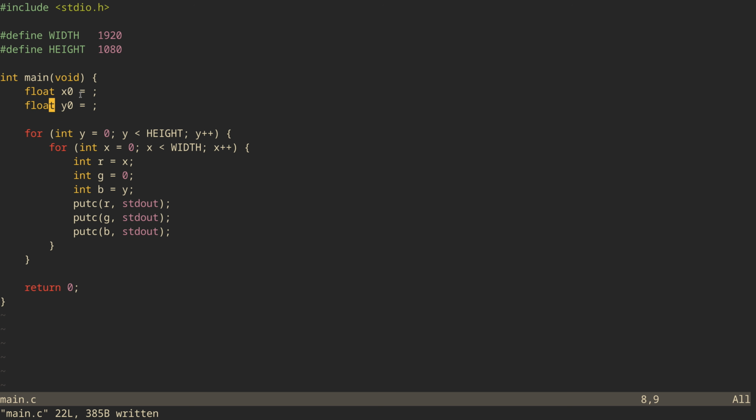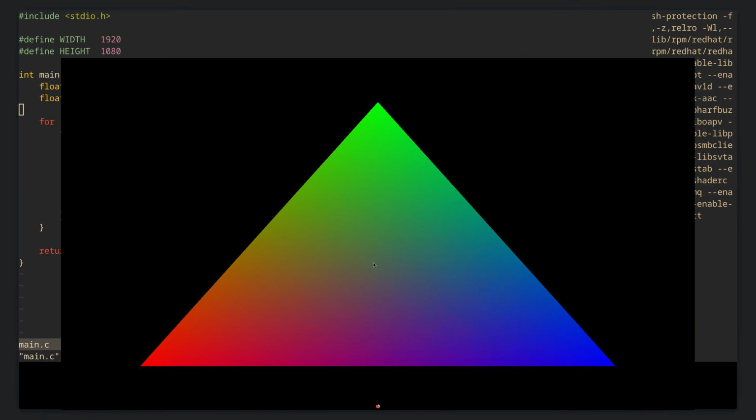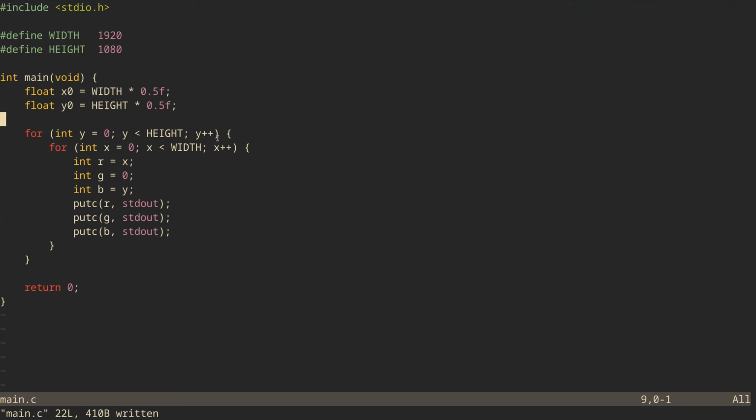There's no problem with that. And let's just say this is width times 0.5 and height times 0.5. So first let's just fill in pixels that are on one side of a line passing through this point.